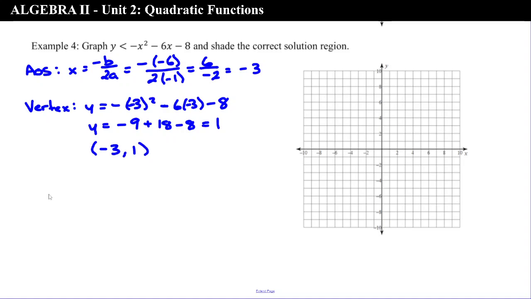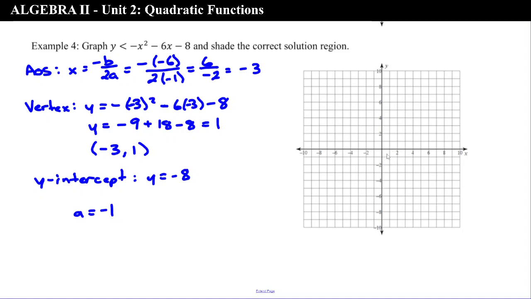We could find the y-intercept if we wanted to. Because it's in standard form, the y-intercept is very easy to find. It would just be y equals negative 8 if you were looking for more information. And then our a here is going to be negative 1. That's our leading term, that's in front of our x squared. So this tells us that it's going to be concave down.